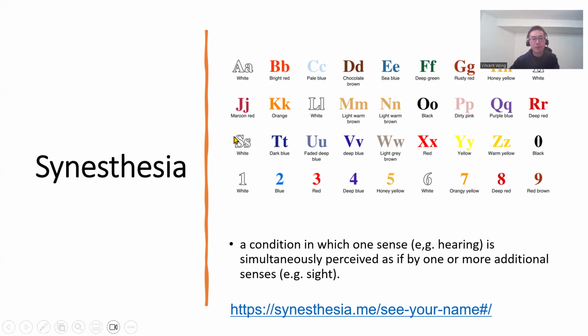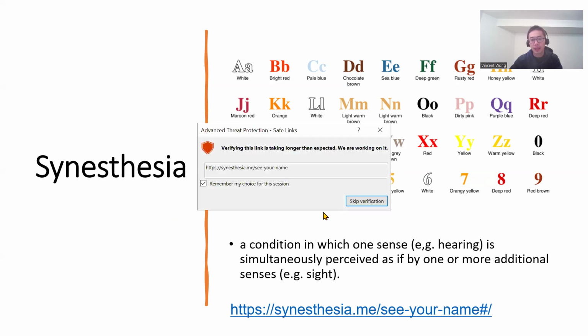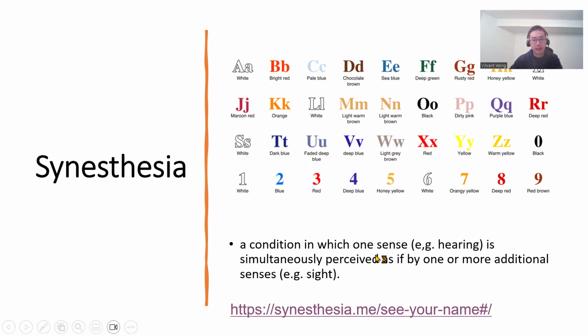So in one form of this condition, the person would see each letter with a different color, even though it's black and white. They would see color. There is a website here which you can try out, I guess, for fun. Let me see what's going to open up.